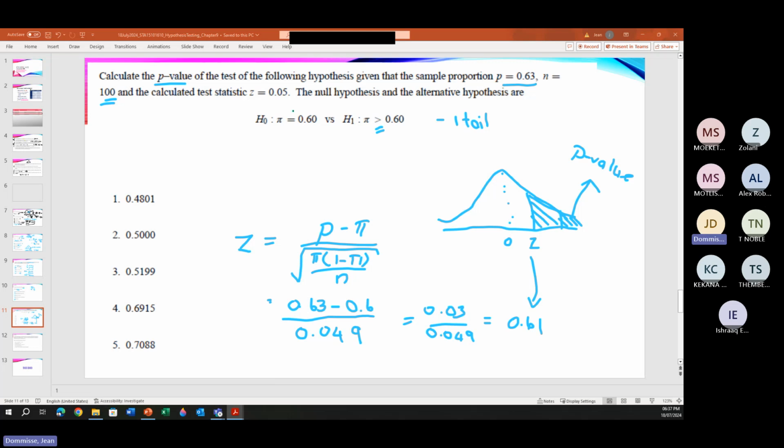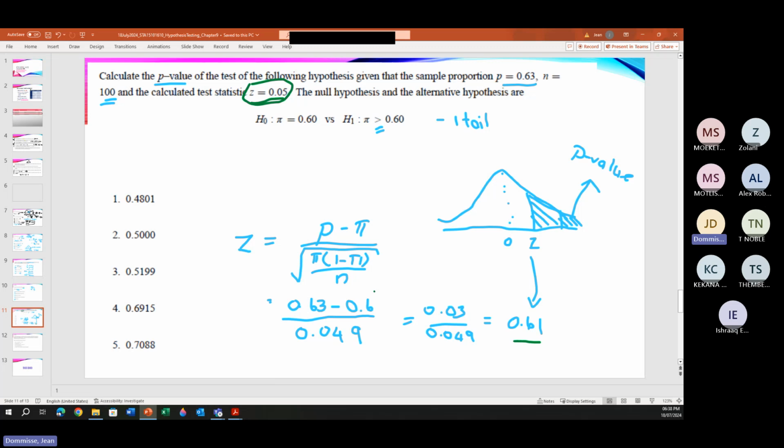I read it wrong. Okay, but this is also interesting, because that and that should have been the same. Okay, so they actually give us the Z value. Look at that, they give it to us.